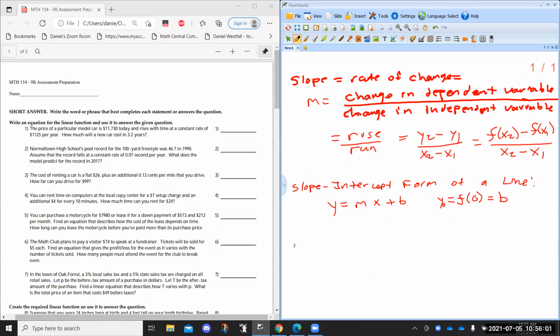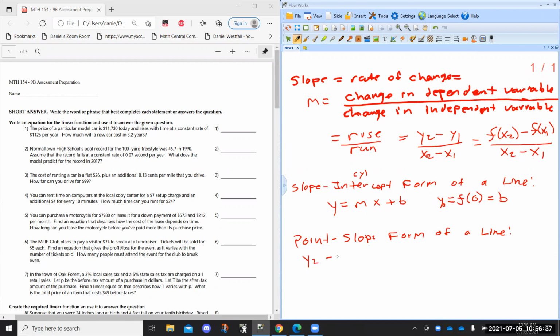Another form of the line is called the point slope form, and these are named after what you need to build them. For slope intercept form, you need the slope and the y-intercept. For point slope form, you need just any generic point and the slope. When I use y, I always mean a dependent variable. When I use x, I always mean an independent variable, even if they are different letters.